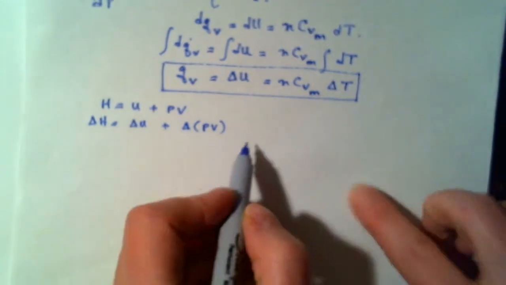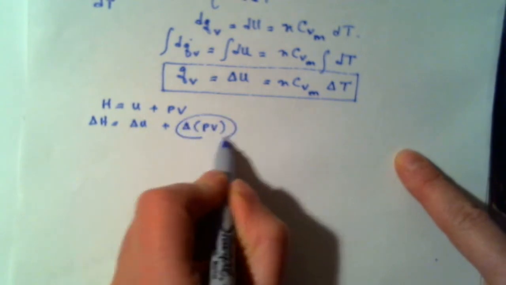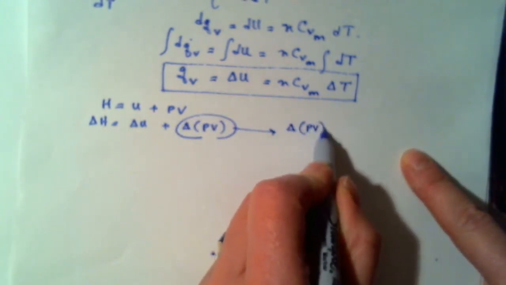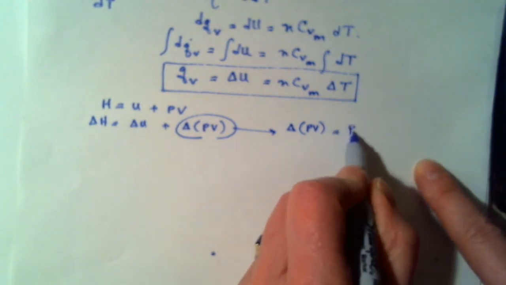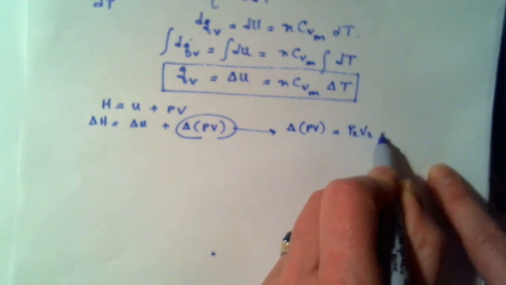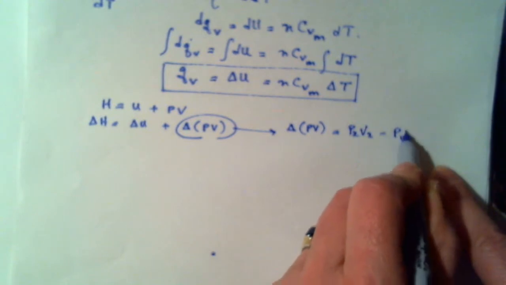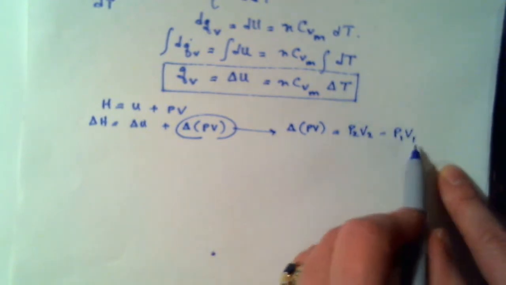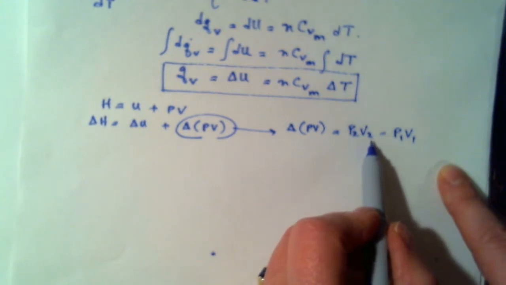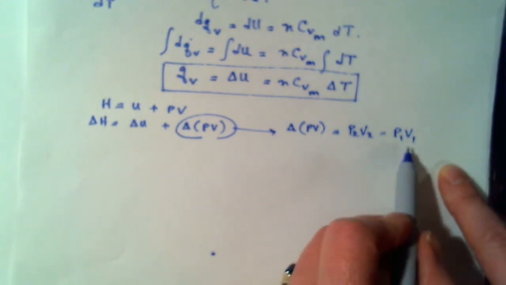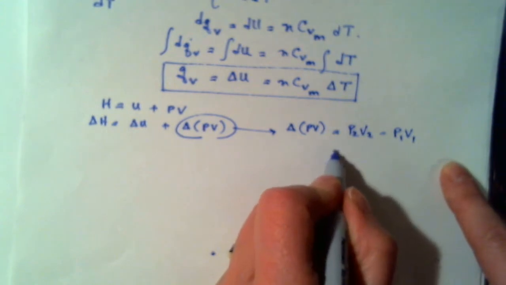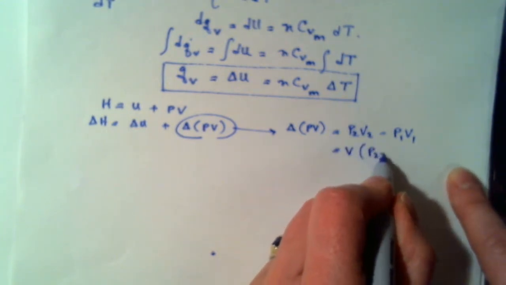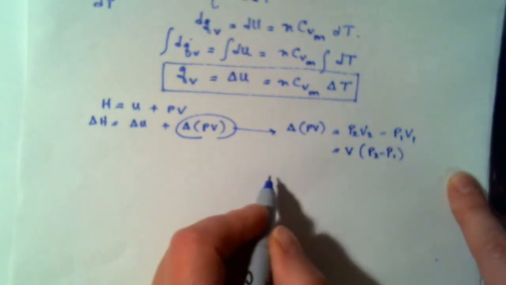So let's just look at this for a second. The change in PV is P2V2 minus P1V1. Okay, but volume is constant in this isochoric process. V2 is equal to V1. So wouldn't that be then equal to just the volume times P2 minus P1?